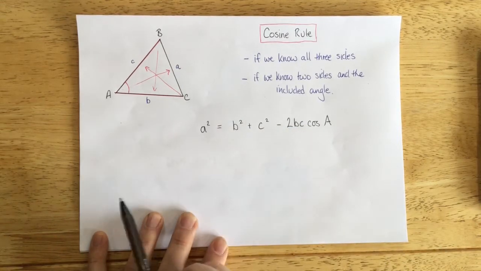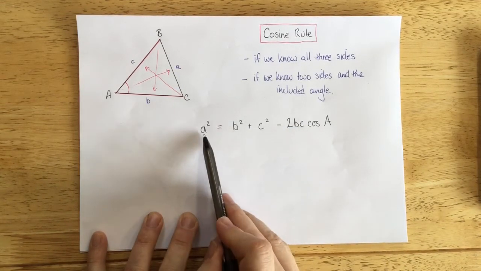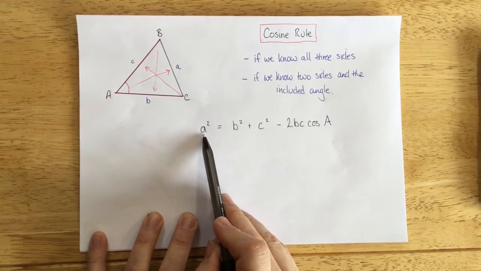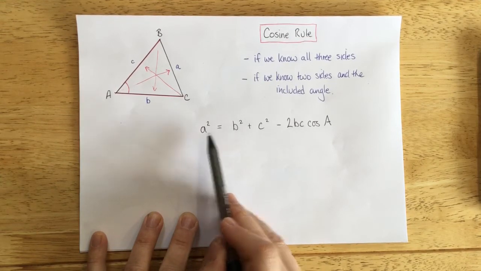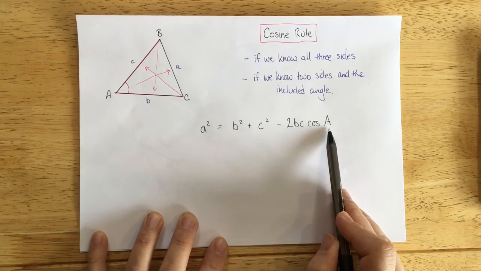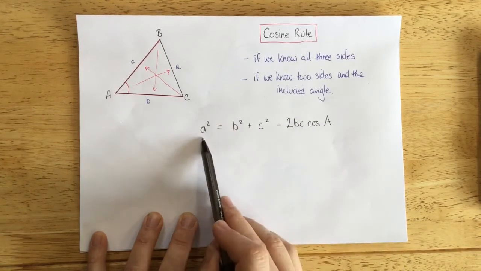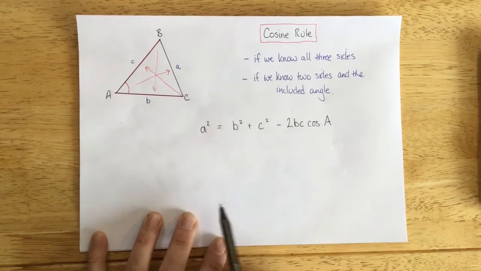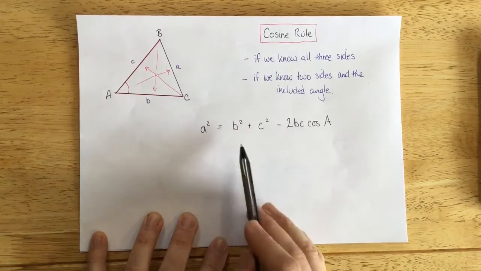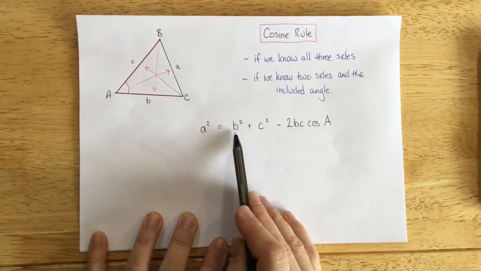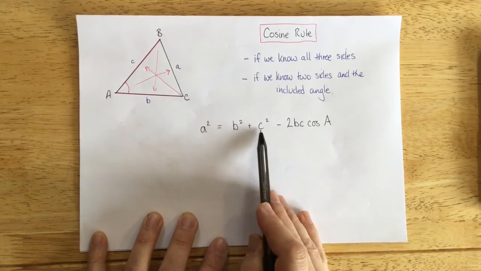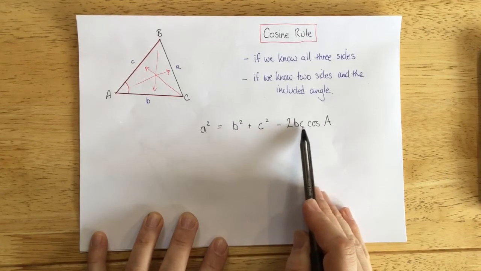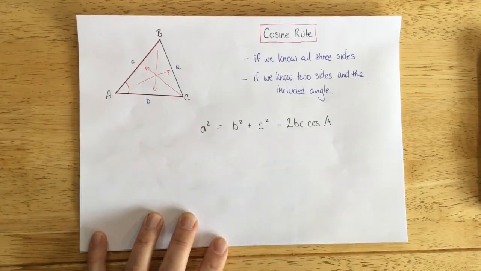And you'll notice a few things about this. The letter at the start, the side at the start, is the same as the letter at the end, the angle at the end. So if this is A, this is A. If this was B, this would be B. The other two sides then, b and c, are squared here, and they're repeated in this little bit here. Now it's important to know that because it means that we can rearrange this.